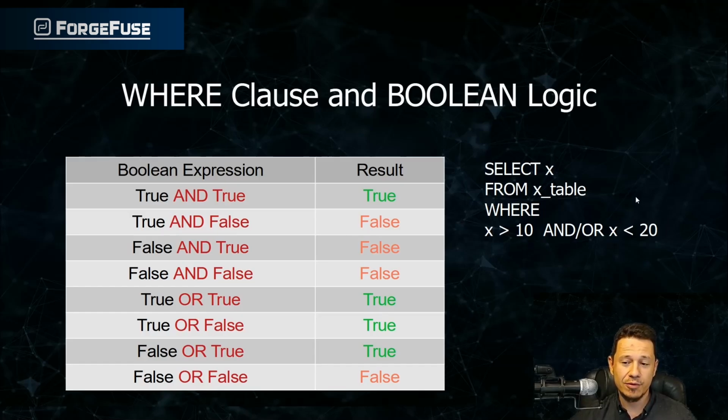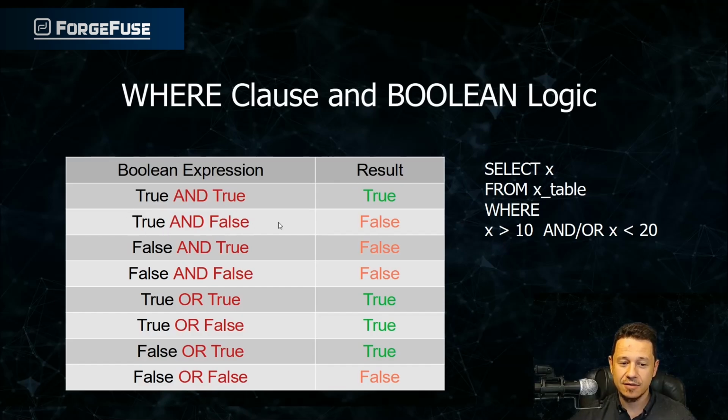So for example, if we have a row where x is 15, my left condition, x greater than 10, is going to be true, right? And we are using the AND operator and checking the right condition. 15 is less than 20, and the right side is also true. The result is going to be true, as in x is going to be fetched from that query.